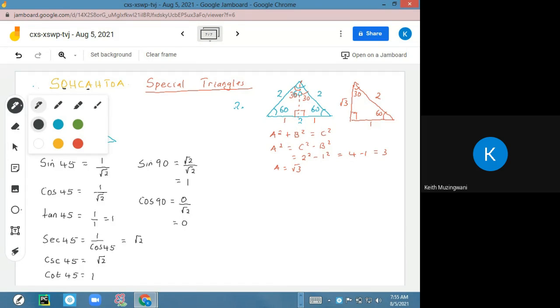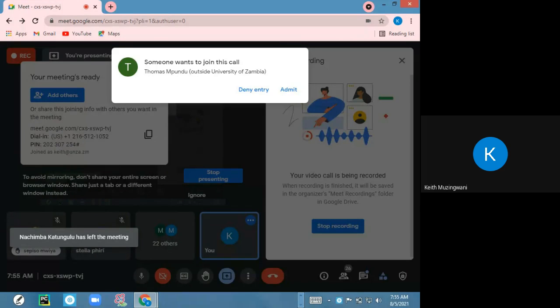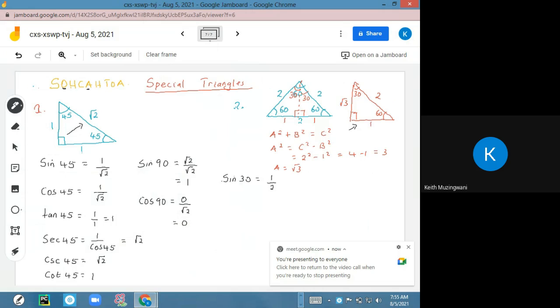So what happens now? We have this triangle here. So say, okay, what is sine? Let's get the pairs now. What is sine 30? Opposite over hypotenuse. So opposite 1, hypotenuse 2. And then what will be cos 30, adjacent over hypotenuse?